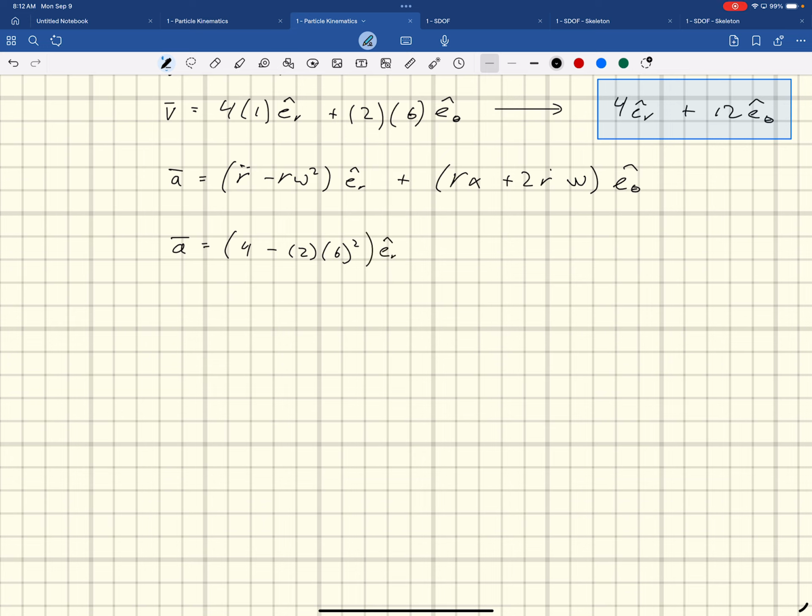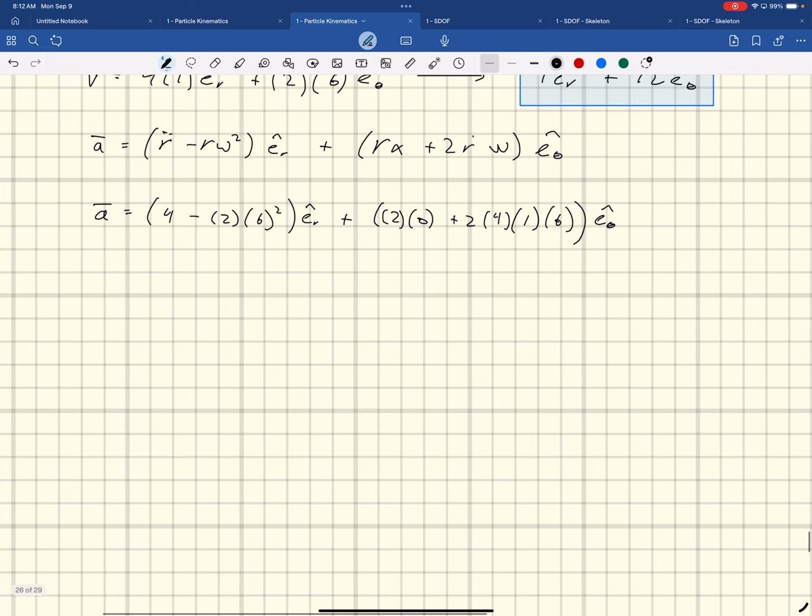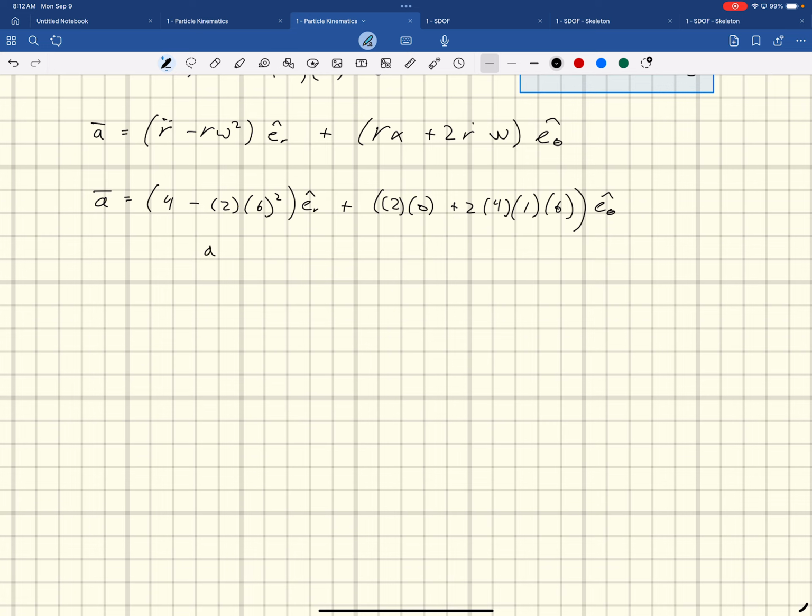And ER hat plus R is 2. Alpha is 0. Plus 2 times R dot was 4t, so that's times 4. T was 1. Omega was 6. And E theta direction. And if you plug everything in there, we get our A vector to be negative 68 in ER direction plus 48 in E theta direction.